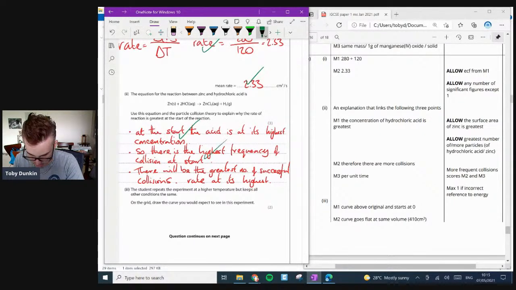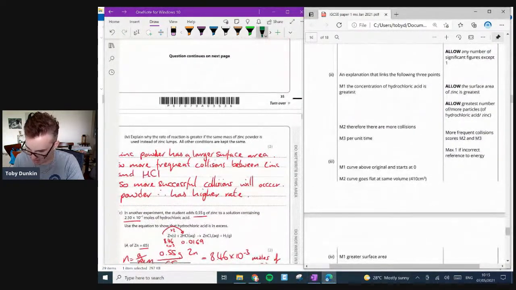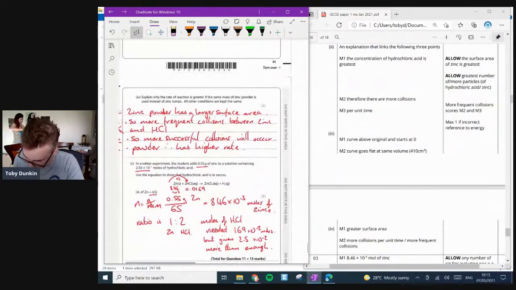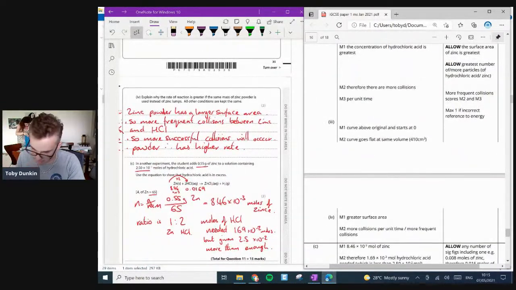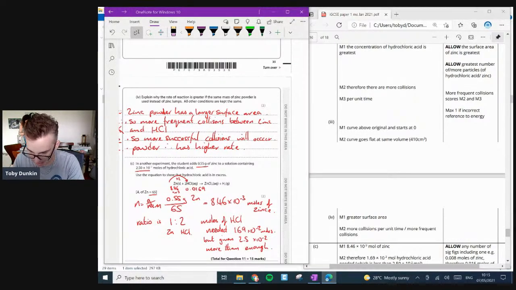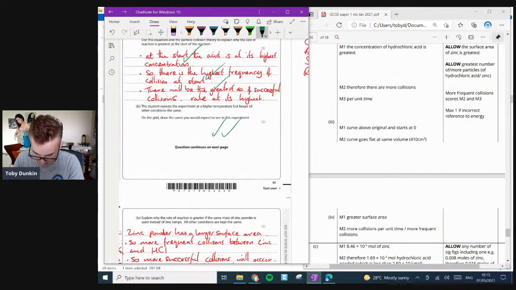Therefore, more collisions per unit time. Greatest successful collision rate is the highest. Edexcel are idiots. Curve starts above the 0. Goes flat at the same volume, yeah, we get that graph one.